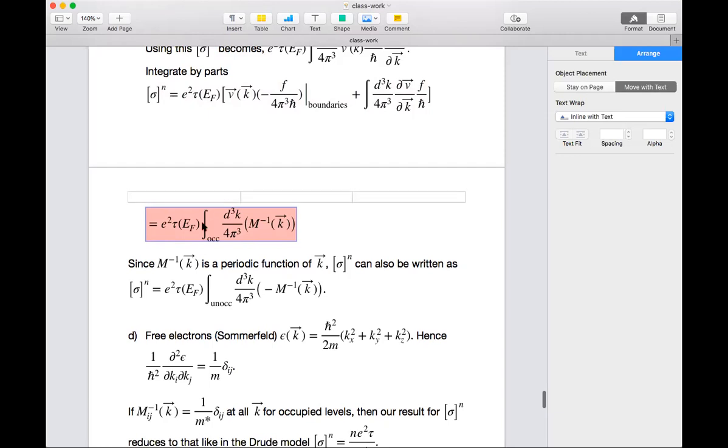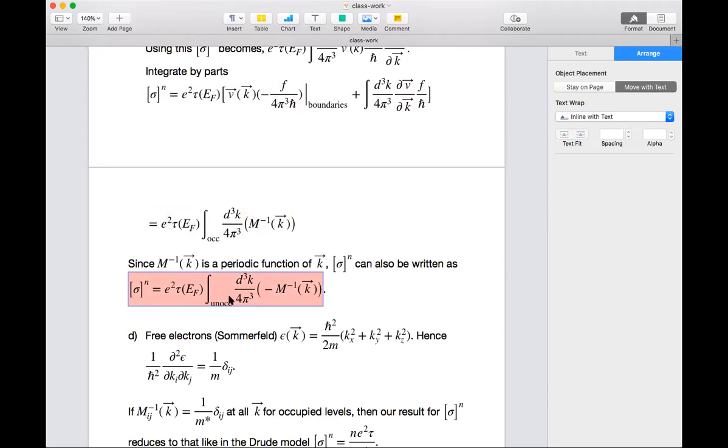So I can replace this integral. In other words, the integral of m inverse over the entire Brillouin zone would give me 0 because it's a periodic function of k. So therefore, if I have partially filled bands, then I can equally write this expression for sigma in terms of integrals over the occupied states, or I can just change the sign and write it in terms of the integrals over the unoccupied states.